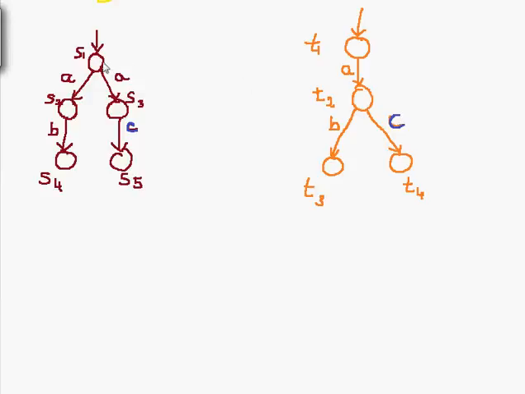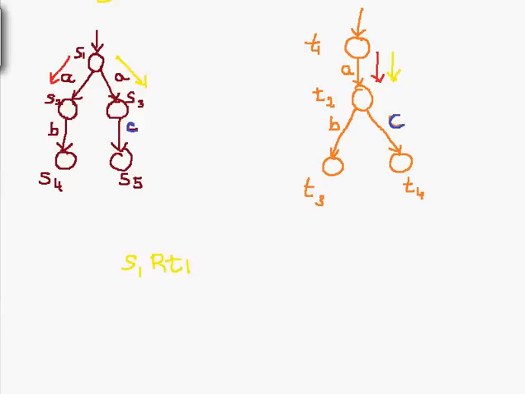So let us start. I'll do it fast this time. S1 has a transition to S2, T1 has a transition to T2. No problem. S1 has a transition to S3, T1 has a transition to T2. So S1 is related to T1.